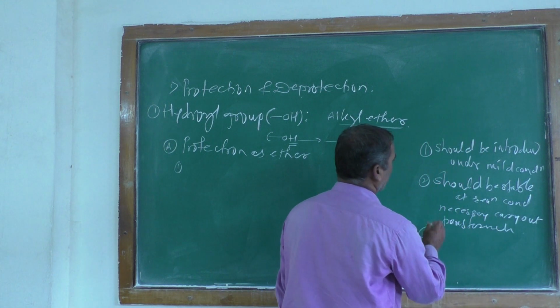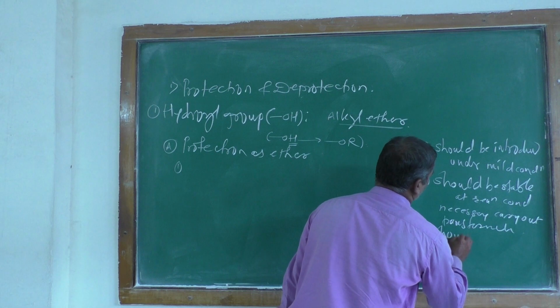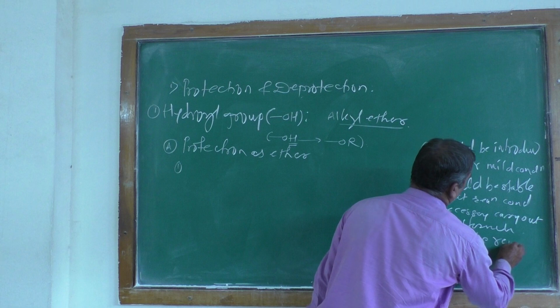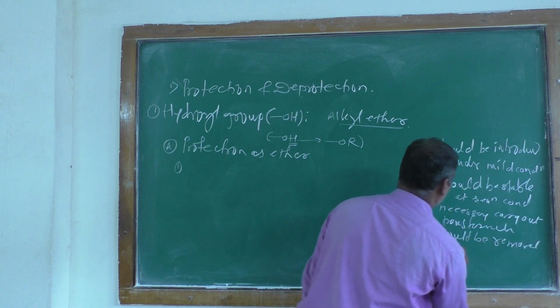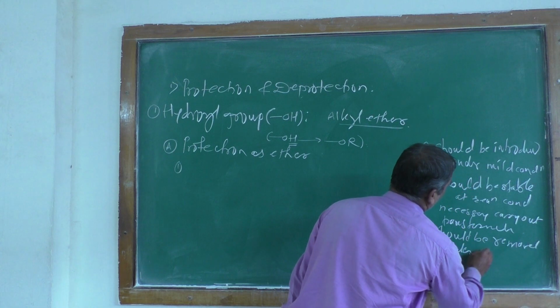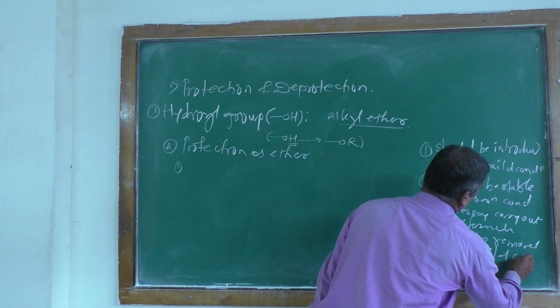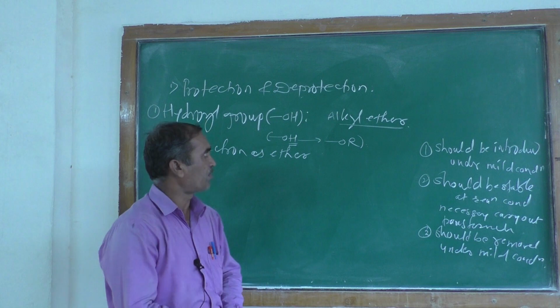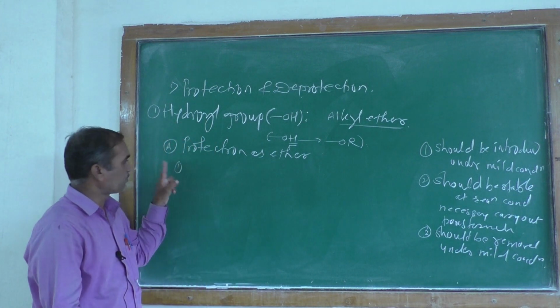And the third main point you must remember, it should be removed under mild conditions. So these are the three criteria for the ideal protecting group.